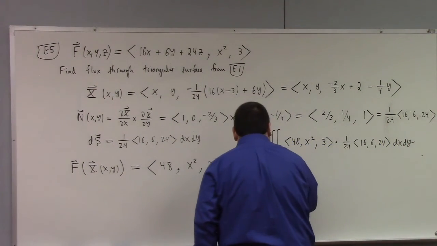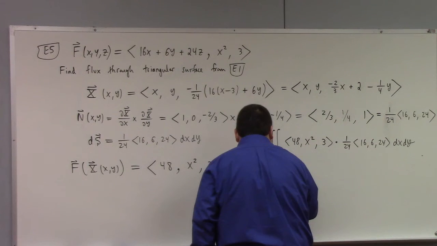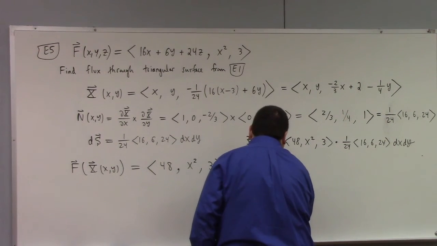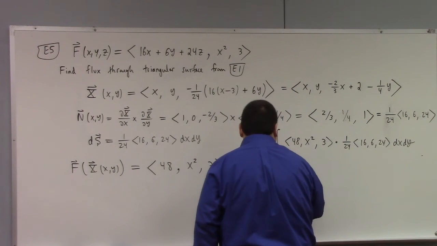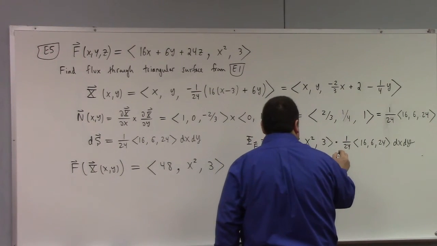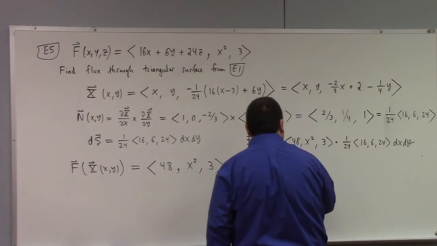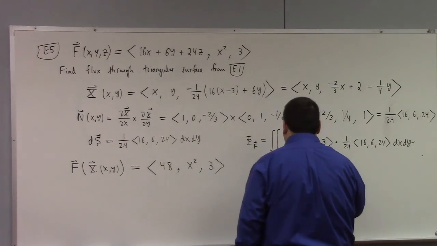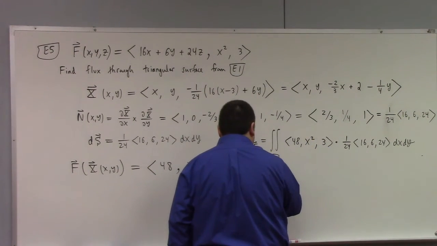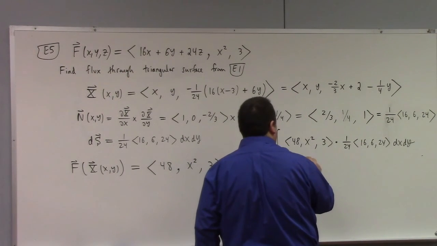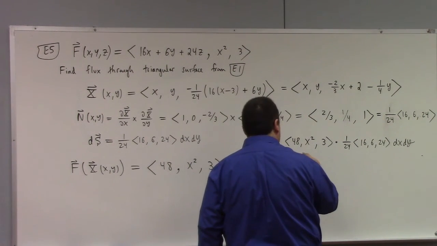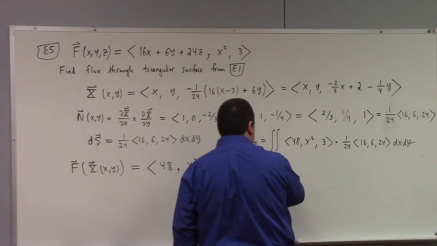So I have the integral over omega. Let me be a little bit more cagey here and leave myself some room to write stuff. So it's a double integral. Tell you what, I'll bring the 1/24 out front just to get it out of the way. Oh, no, you know what? I regret that. I'm going to use the 24 to simplify things. Good grief.